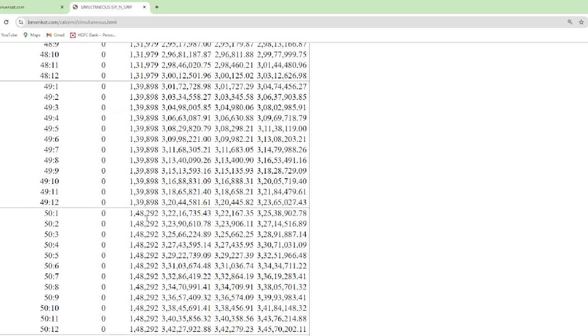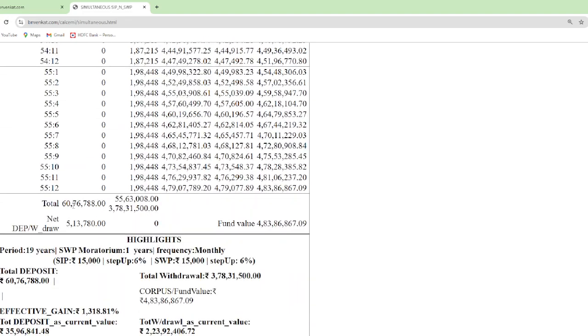The total period is 55 years, and by the 55th year end, one can have a fund value of 4.83 crore, that is 4 crore 83 lakhs 86,867.